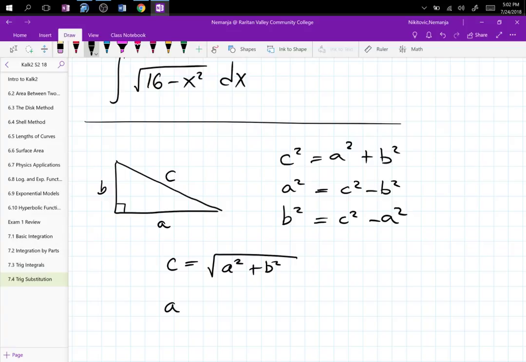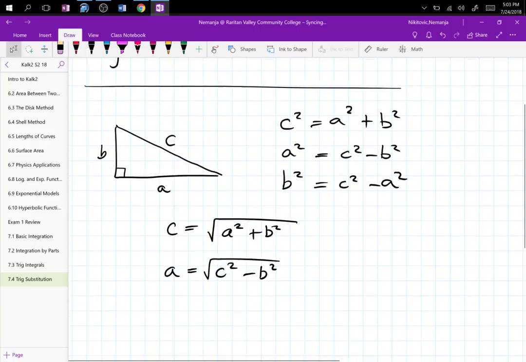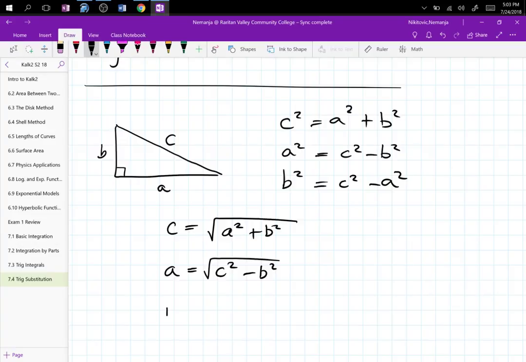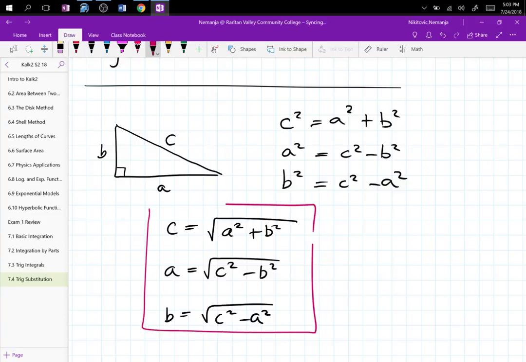One says a is equal to the square root of c squared minus b squared. And the last one says that b is equal to the square root of c squared minus a squared. So this is a set of formulas where you can solve for the length of any of the sides.